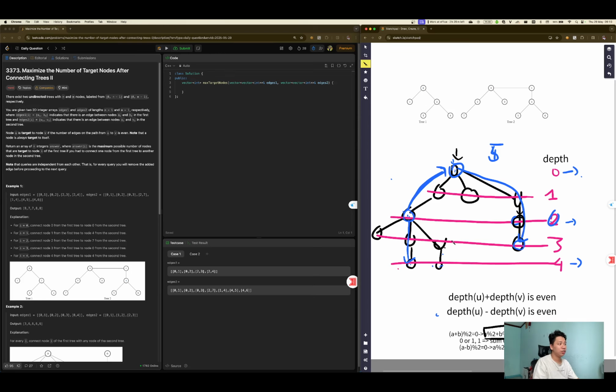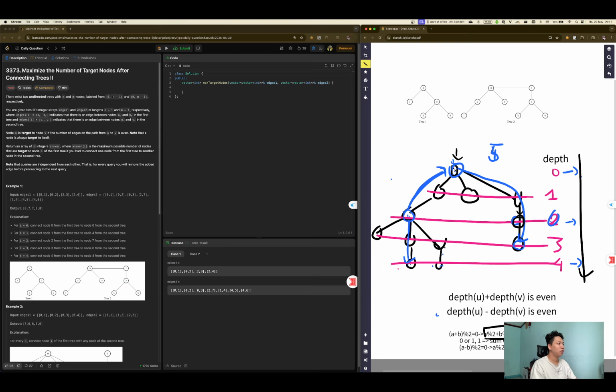So what we're now going to do here is derive the function to find the level, the depth, of the nodes on a tree. Assume that node zero is the root, or whatever node, it's not important.